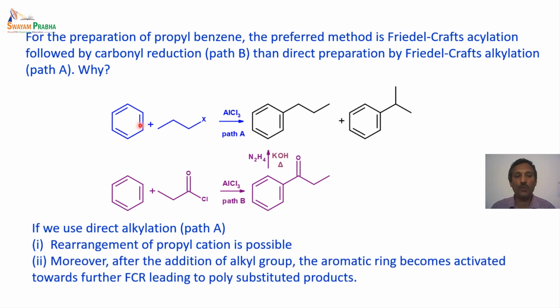And the next problem is, if the alkyl group is introduced into the aromatic ring, that actually activates this aromatic ring more. In other words, the activation of the aromatic ring leads to polysubstitution, because other than this rearranged product, we may also get polysubstituted products, like ortho, para, or di-substituted alkyl benzenes.